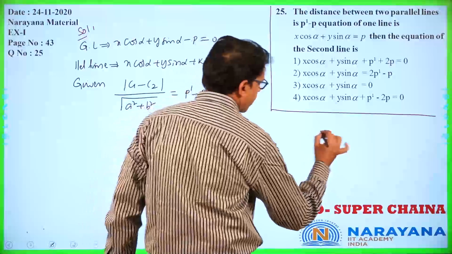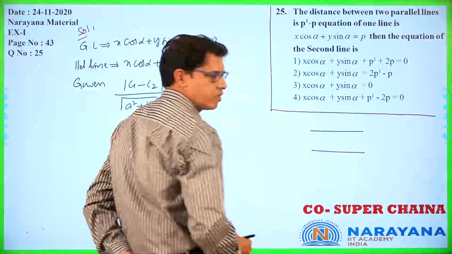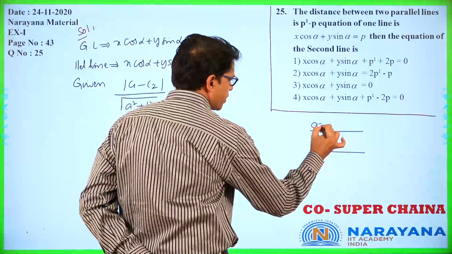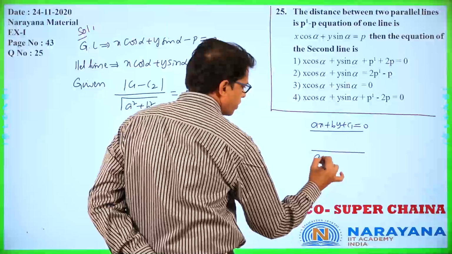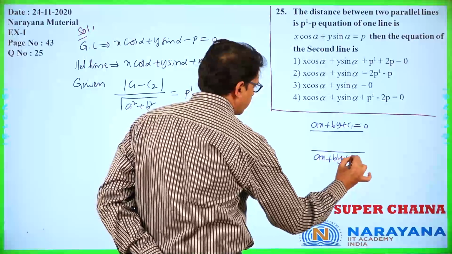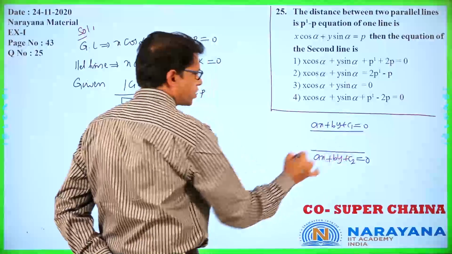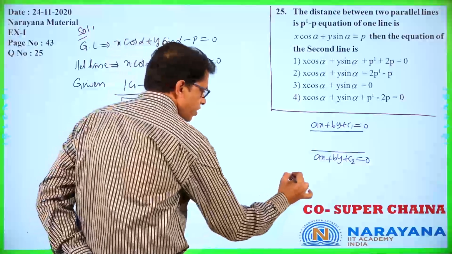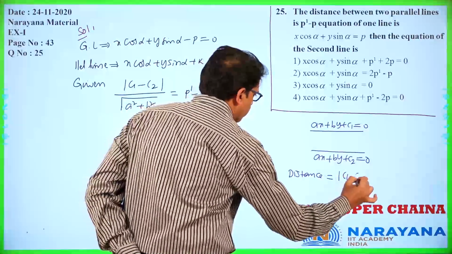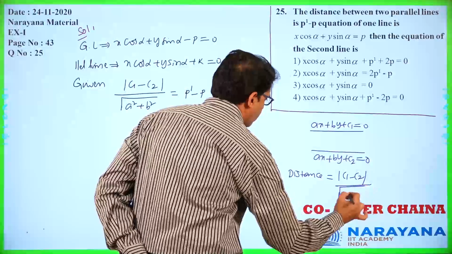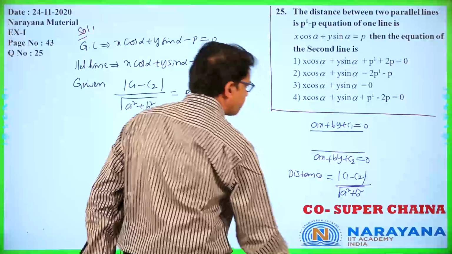See, this is the formula. If two lines are parallel, say the first one is ax plus by plus c1 equals 0 and the second line is ax plus by plus c2 equal to 0, then the distance between the parallel lines equals mod of c1 minus c2 upon root under a square plus b square.